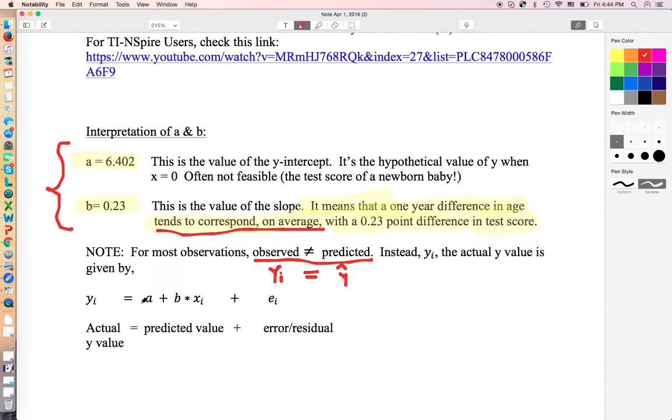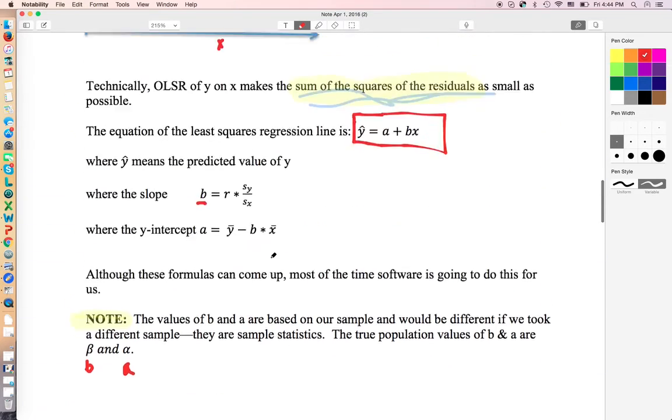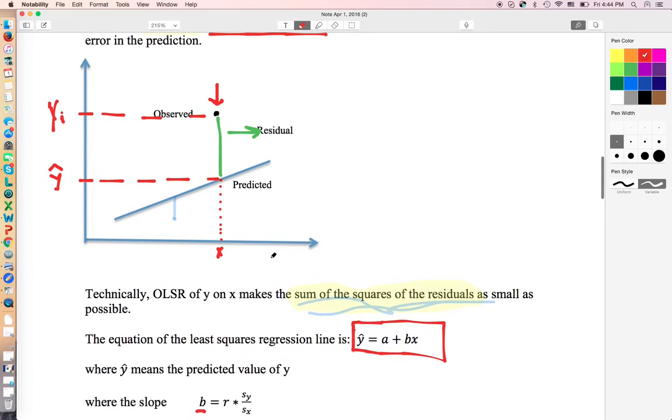Instead, the way you should think about this is that the actual y value, y sub i, is equal to what our regression line tells us, and that's a plus b times whatever x value we're interested in. That's our predicted value, whatever the regression line tells us, plus some error, some wrongness. So if we go back to our picture that we had before, here we have the actual y value, y sub i.